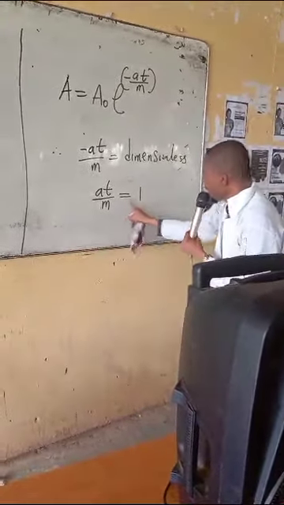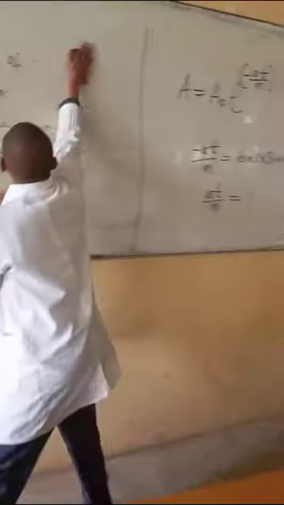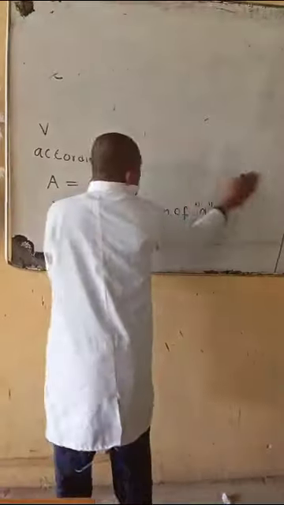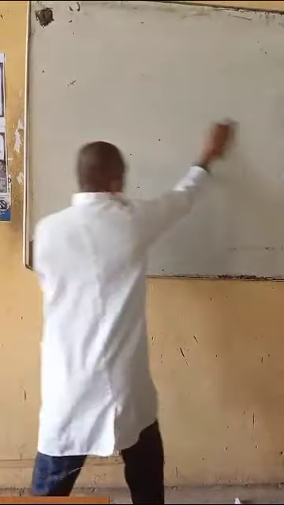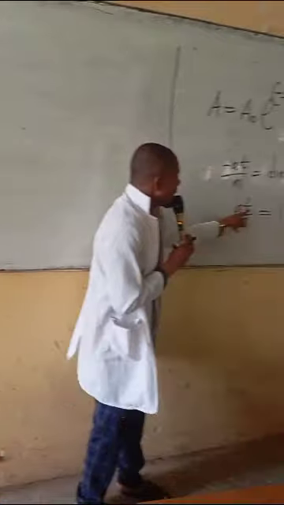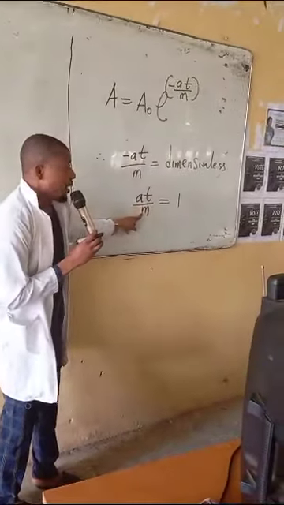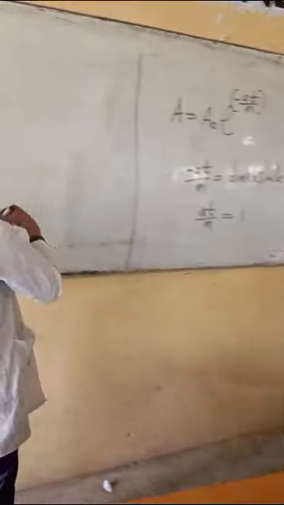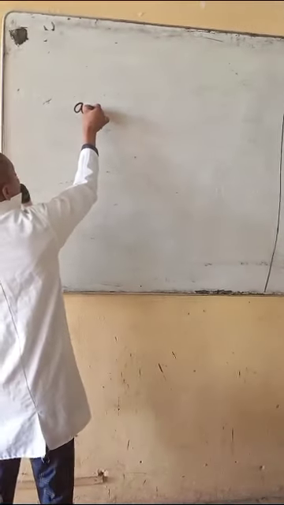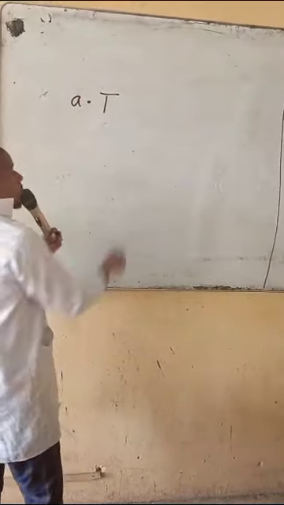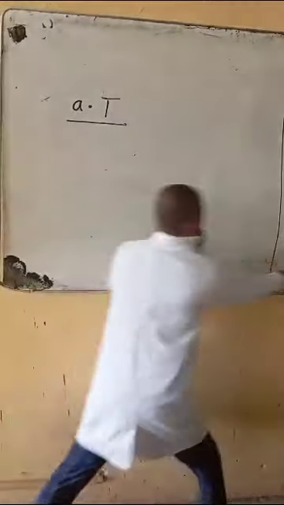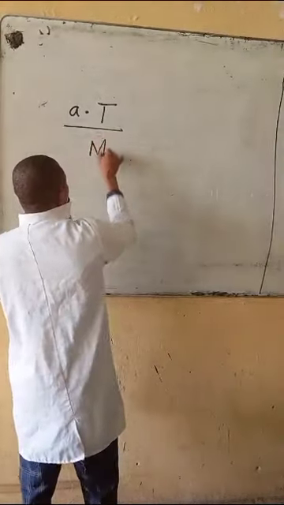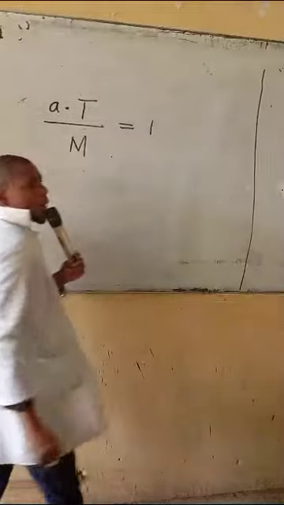So if this is equal to 1, remember that from the question, they said t is time and m is mass. So a multiplied by the dimension of t, divided by the dimension of m, which is mass, is equal to 1.